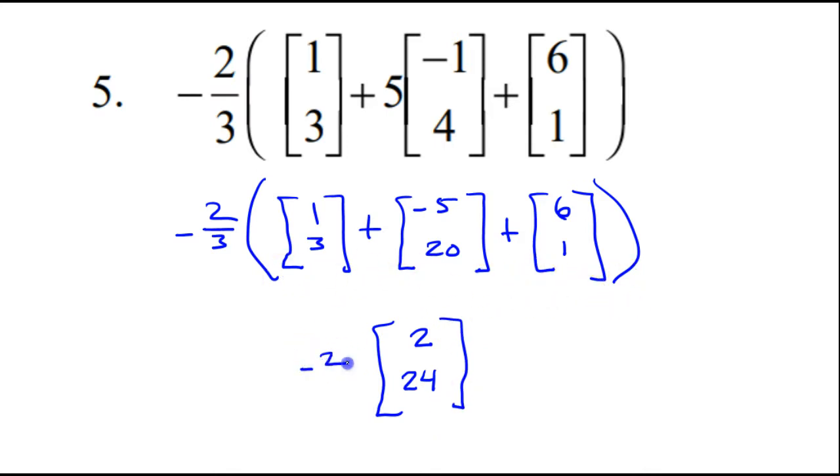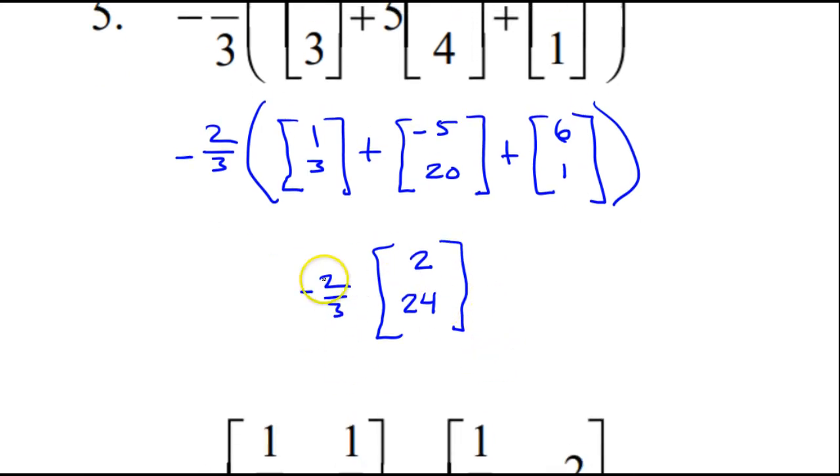Now I've still got negative 2/3. So I just need to multiply each of these numbers by negative 2/3. Okay, so when I do negative 2/3 times 2, you can think of this as 2 over 1 if it helps.